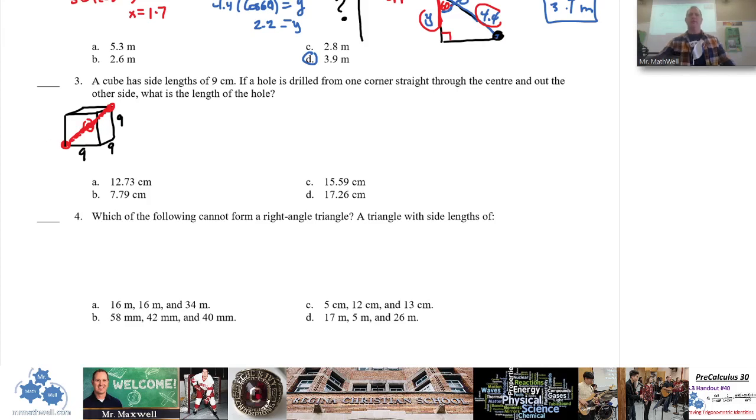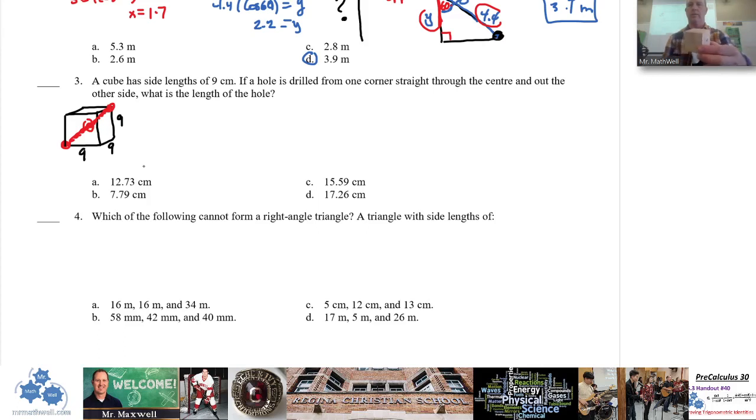Okay, so what does that mean? That could be a little bit tricky, right? So let's see. If I viewed this cube, and here's a cube right here, right? So if I viewed this cube and I said I'm going to drill from this corner all the way through the middle and out this corner down here. All right, so that's kind of what your shape looks like.